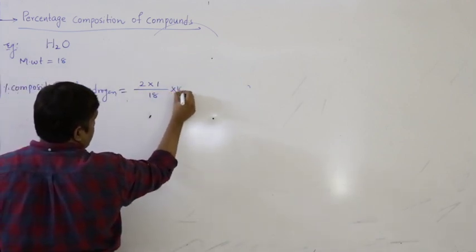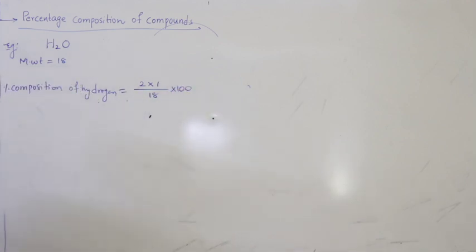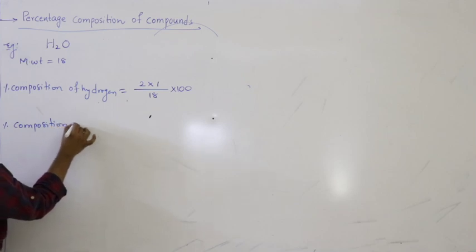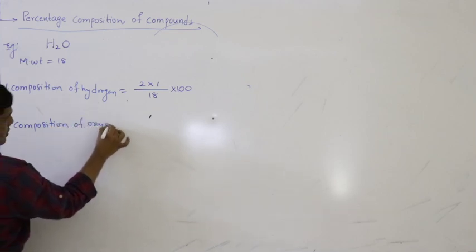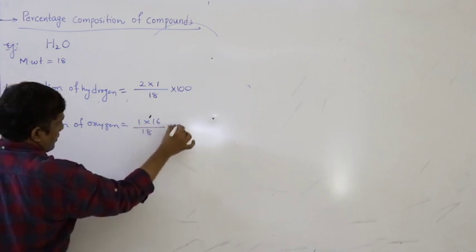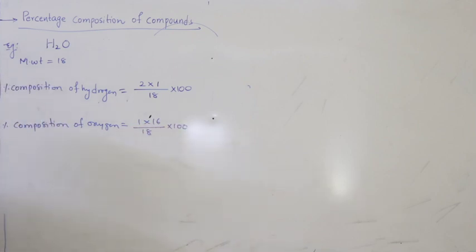Since it is percentage, multiplying with 100. What is the percentage composition of oxygen? Nothing but its mass fraction. There is only one oxygen into its atomic weight by total weight of the molecule into 100.